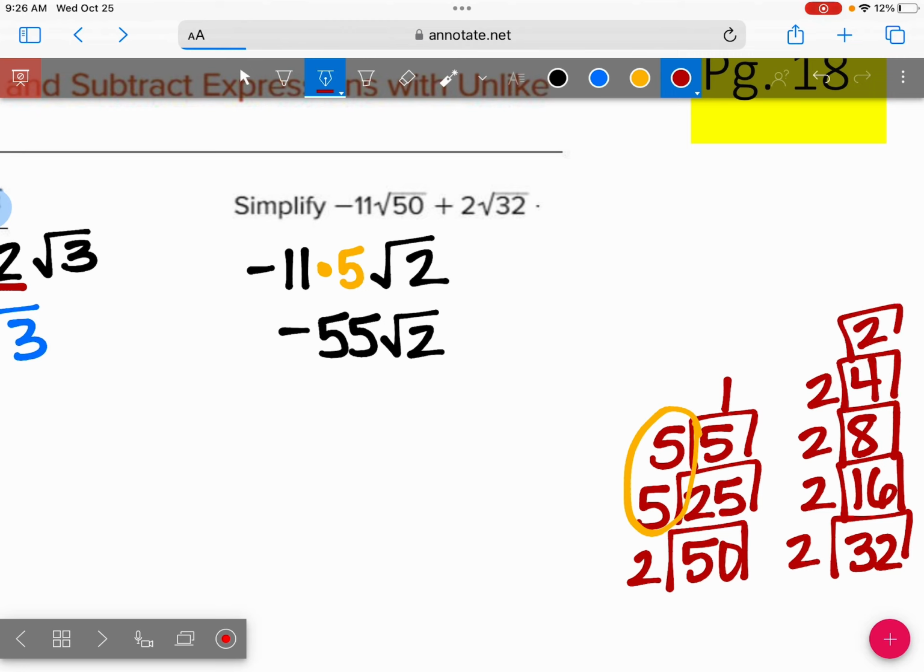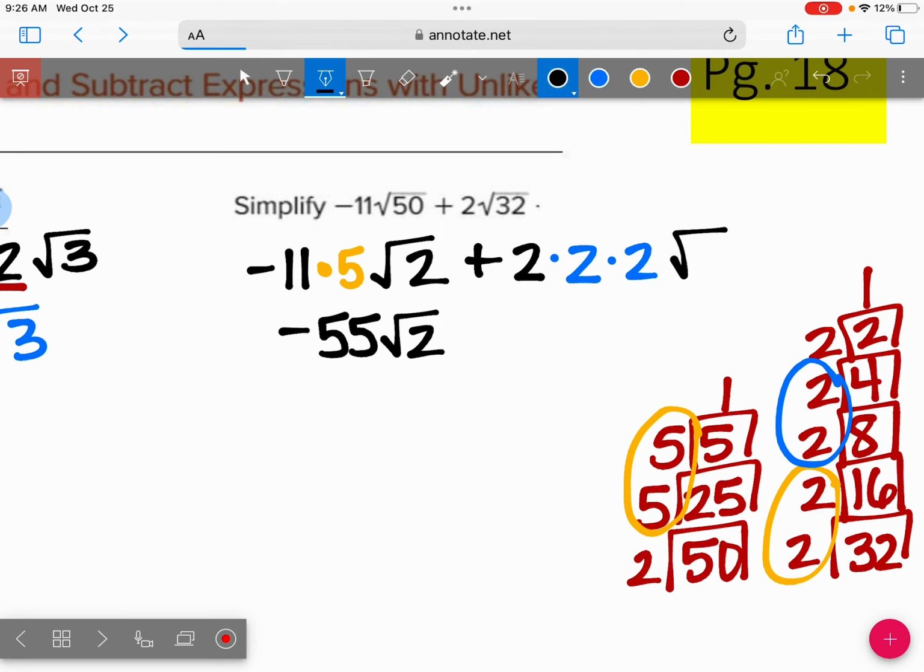And 2 goes into 4 2 times. So we have 2 pairs of 2s. So that would be plus. So I already have that 2 on the outside, but I'm adding to that 2 more 2s. And then I have a square root of 2 that has to stay.